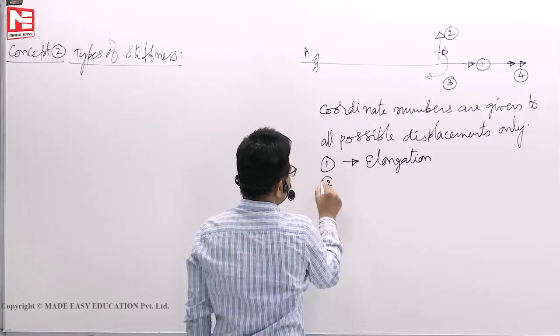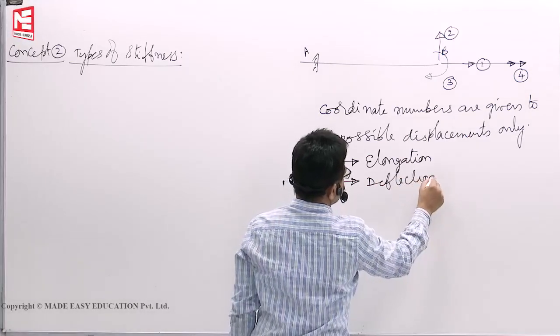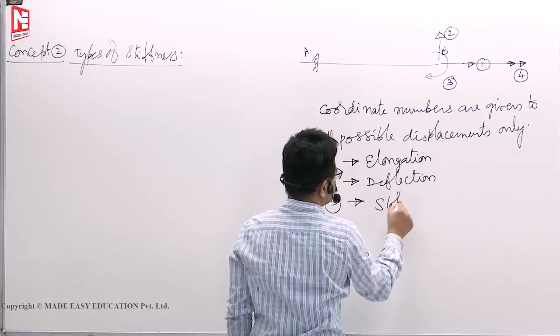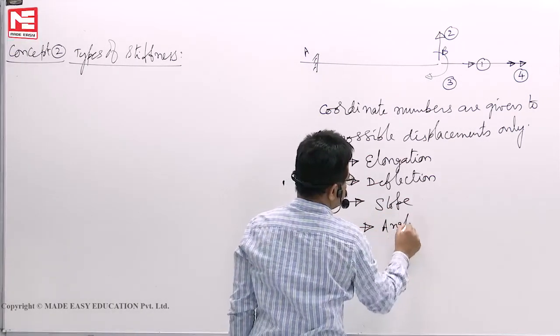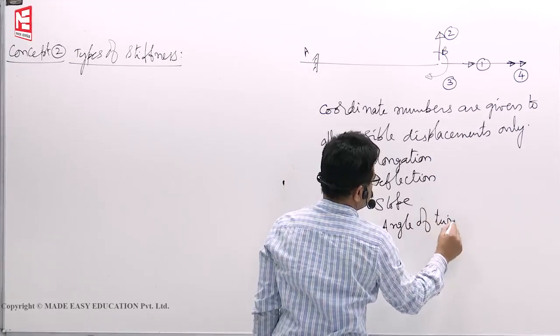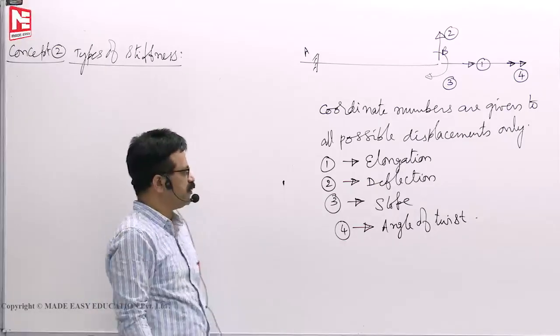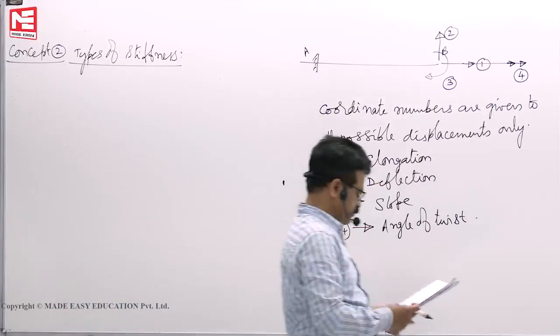So 1 for elongation I have given here, 2 for deflection, 3 for slope, 4 for angle of twist. So these are all the possible displacements I have given. Four coordinates only we have taken, let us say.